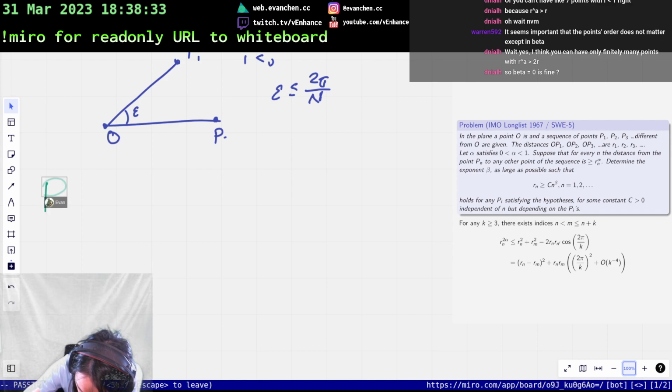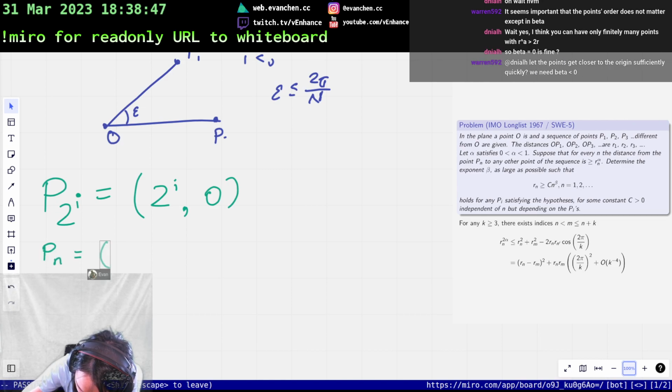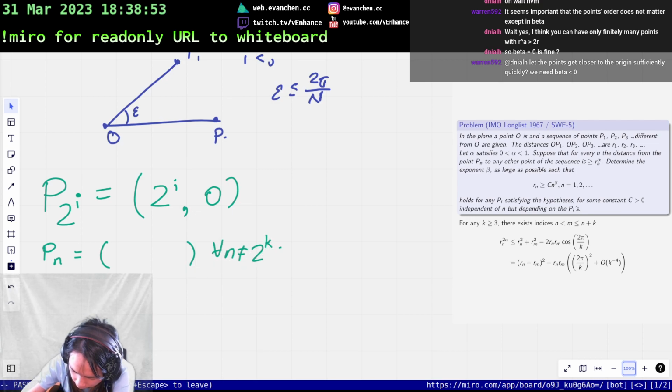P of 2 to the I is 2 to the I comma 0. And then P of n fills in the gaps for all n not equal to a power of 2. So it doesn't really matter what the order is.